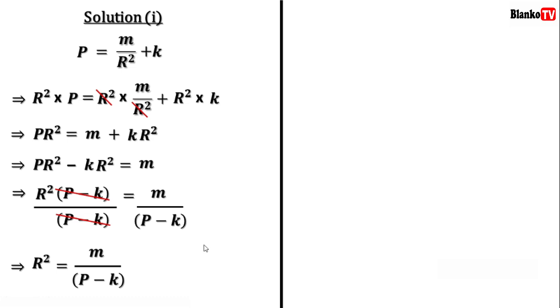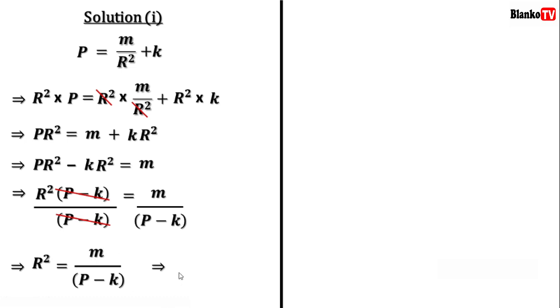Okay, so we have to make r the subject, not r squared. So that means this square must be removed. If we move this square to the right hand side, it becomes square root. When we move this square and it crosses the equal sign to the right hand side, it becomes what? Square root.